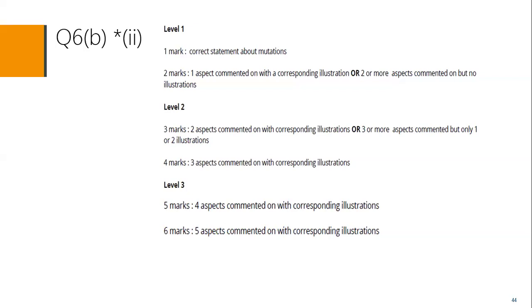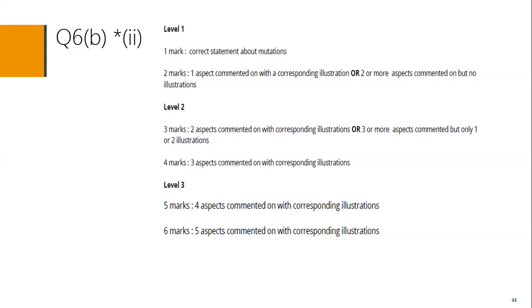And then this becomes more complex. For 3 marks, 2 aspects plus illustrations, or 3 or more aspects, but only 1 or 2 illustrations. So when you get into level 2, you've got to be using some of the information that they've been given, as well as their generic information, to achieve level 2 at all.